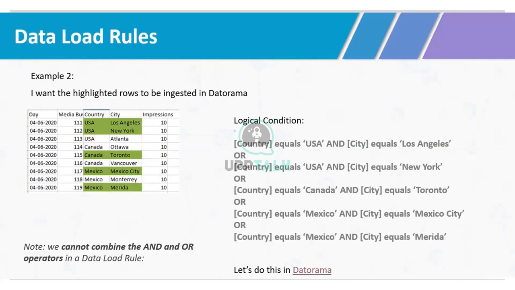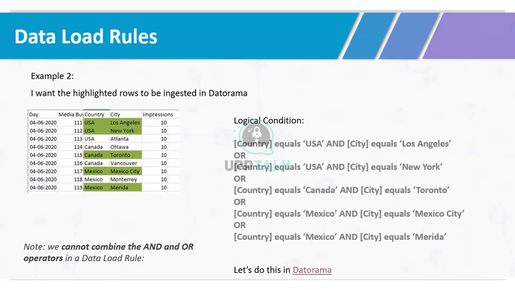You are understanding what I'm trying to do, correct? One thought may come to your mind is, why not create multiple data load rules when we want to have multiple conditions to be met, right?